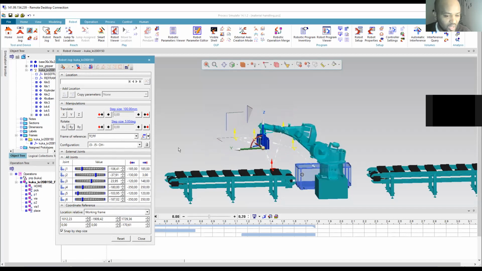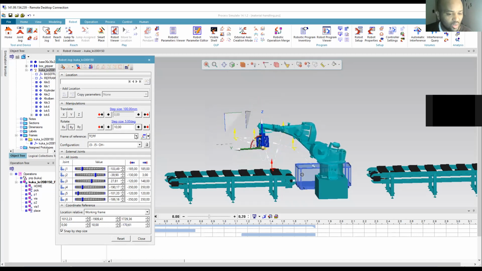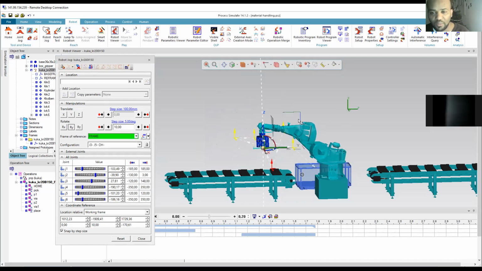Because of the kinematics, I cannot rotate about the y-axis. Maybe if I make it like this, I could rotate now. Now this is rotation about the y-axis. But it is not only for the joint, because I cannot control the others. But yes, it's clear now from the z-axis, so I think that is enough.